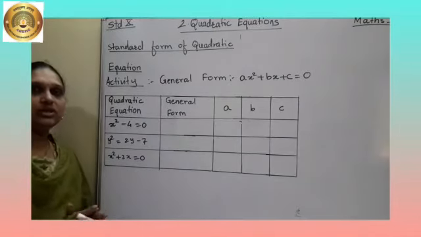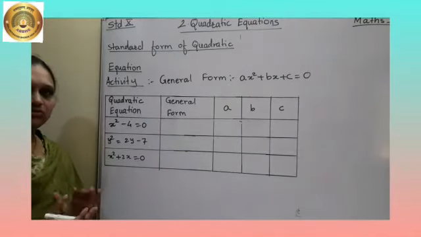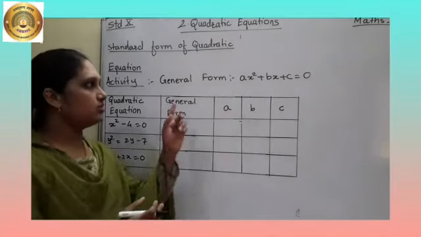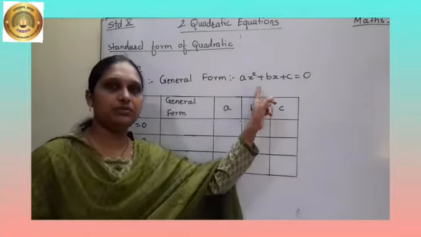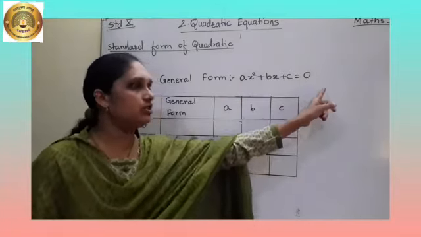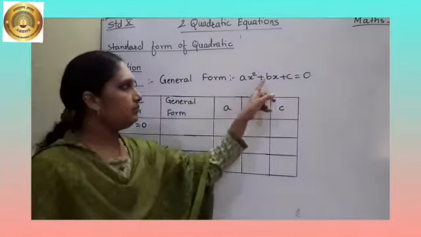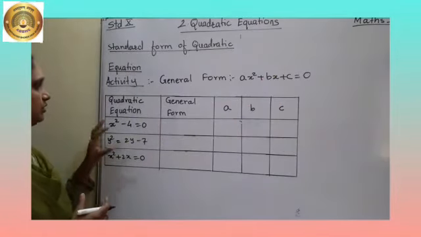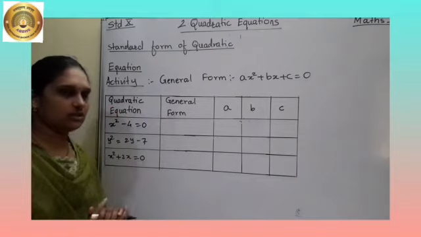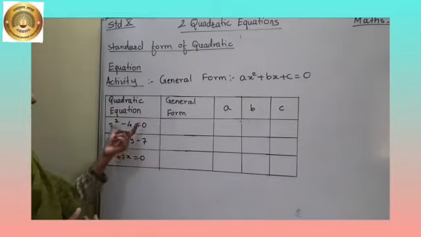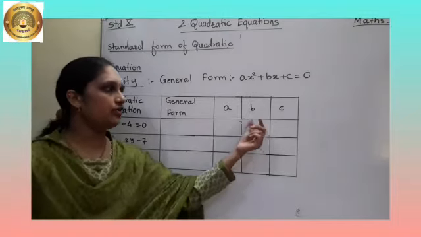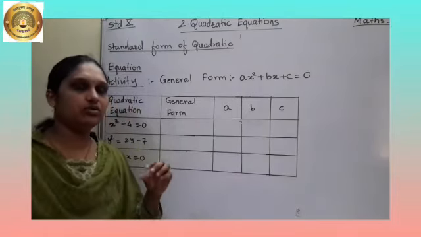Now let's do the next activity. This is also a very easy activity. Just now we have studied the general form, ax square plus bx plus c equal to 0. These a, b, c are called the coefficients. Here some quadratic equations are given. We have to write all these quadratic equations in the general form, then find a, b, c, that is the coefficients.